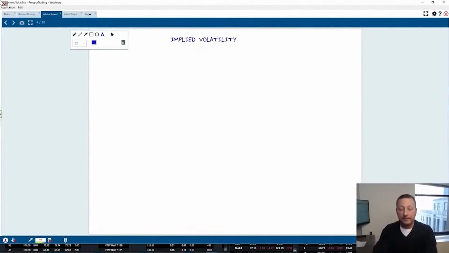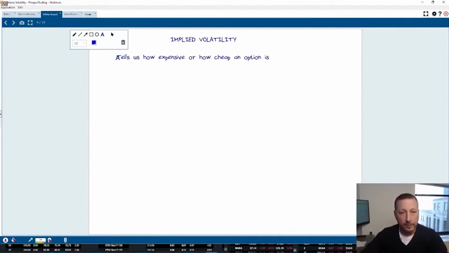What is implied volatility? Basically, implied volatility tells us how expensive or how cheap an option is based on its historical trend of premium. Now, we all know that the higher the volatility in anything, not just option trading, that means things are swinging around all the time, back and forth and back and forth.